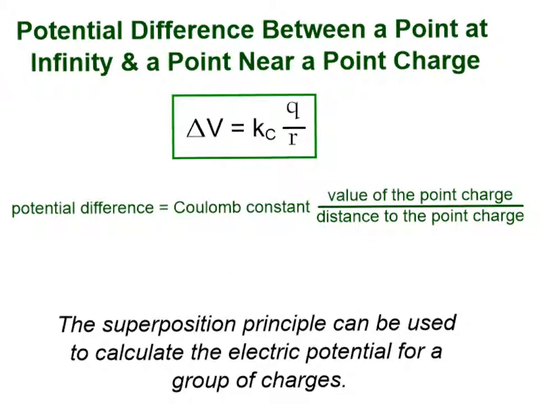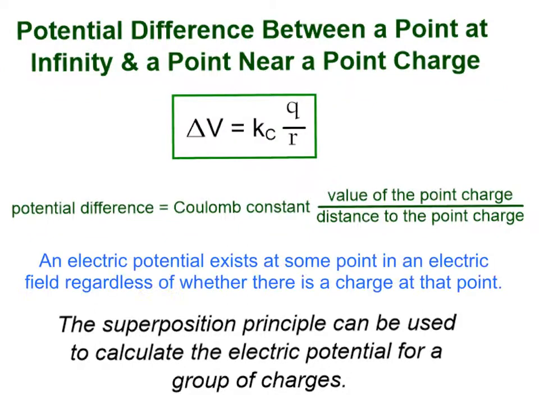Now let's look at another situation: the potential difference between a point at infinity and a point near a point charge. I'm not going to go through all of the deriving of this equation to save you some time. You can derive it from all the equations that we have. This equation represents the potential difference being equal to our Coulomb constant times the value of the point charge divided by the distance to that point charge.